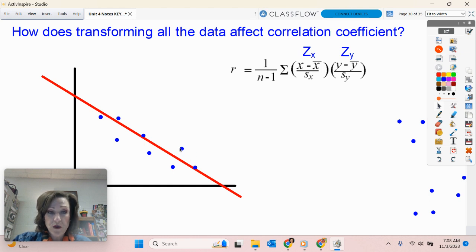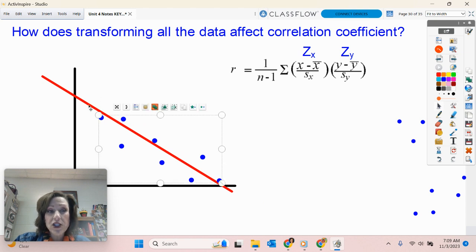Envision our collection of dots around our line, and I want us to stretch it. I'm going to stretch all the points and their relationship. What happens is that the relationship around the line is still proportionately the same.